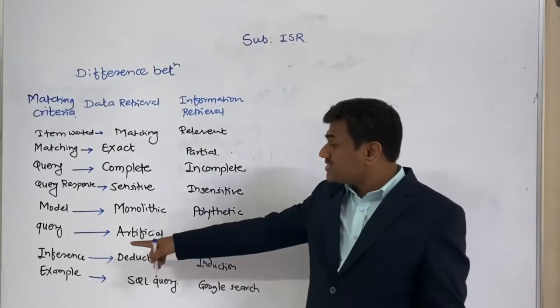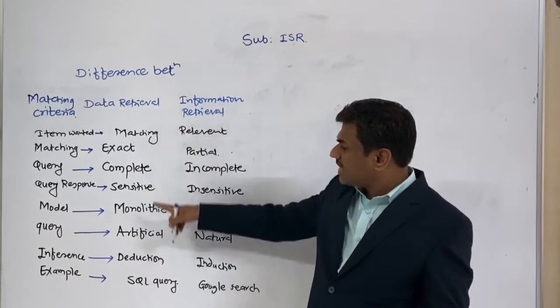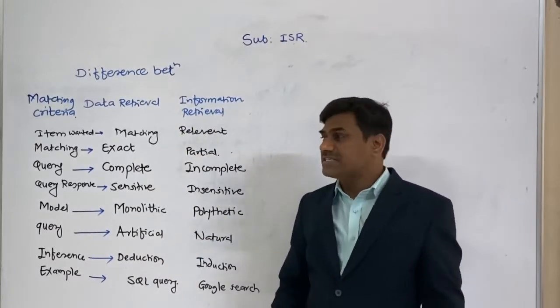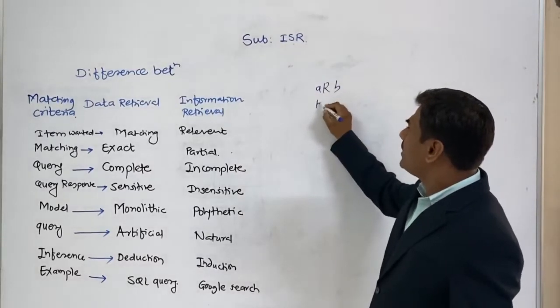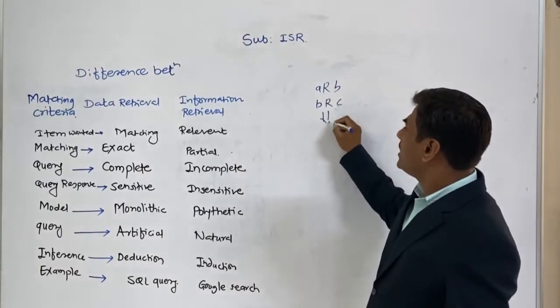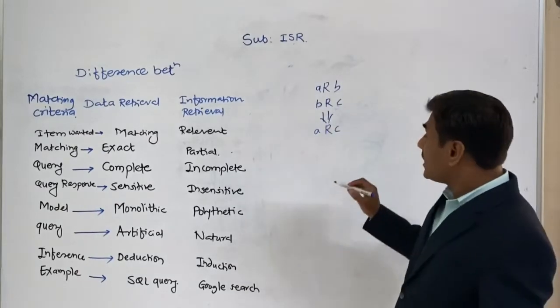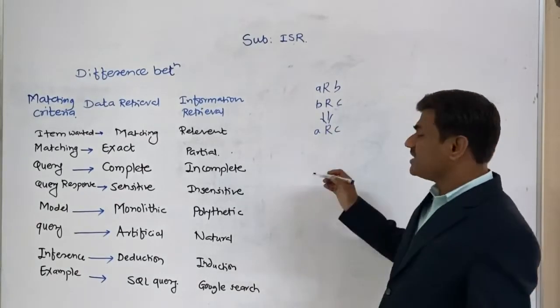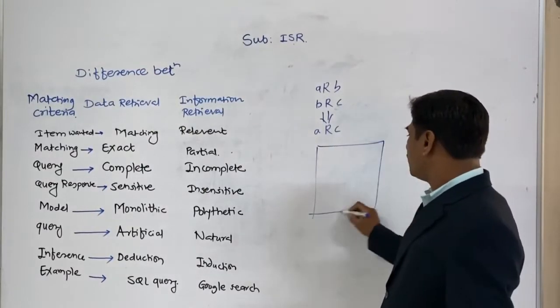The next point of difference is the inference. Here the inference in data retrieval is deduction. What does it mean? It means that if A is having relation with B, B is having relation with C, definitely it implies that A is having relation with C. You might have seen in the SQL database, as SQL data is stored in the tabular format, row and column.